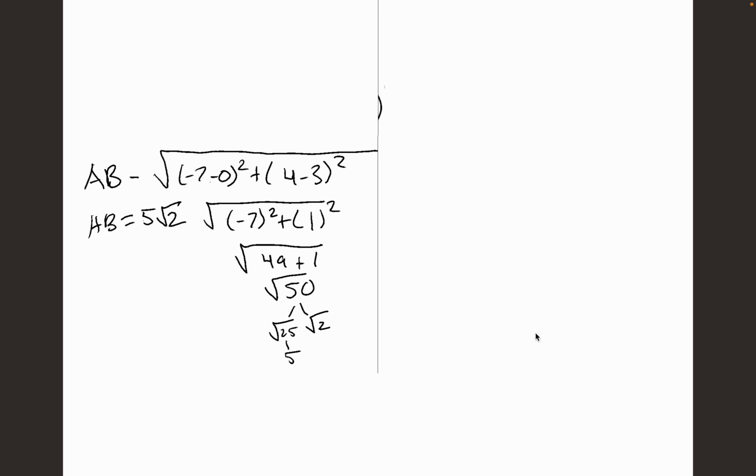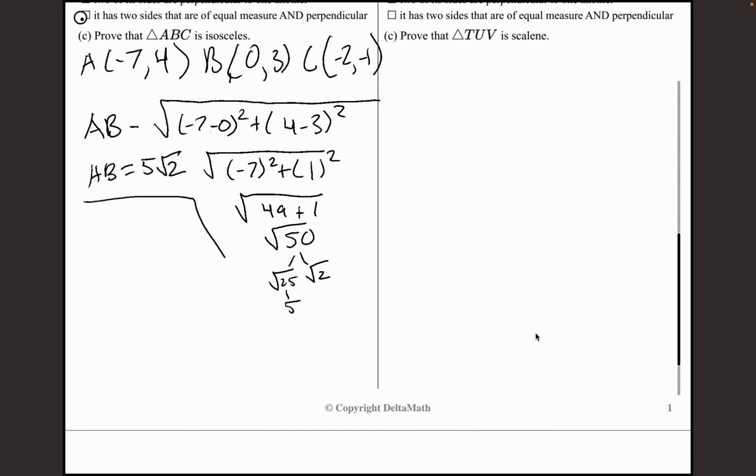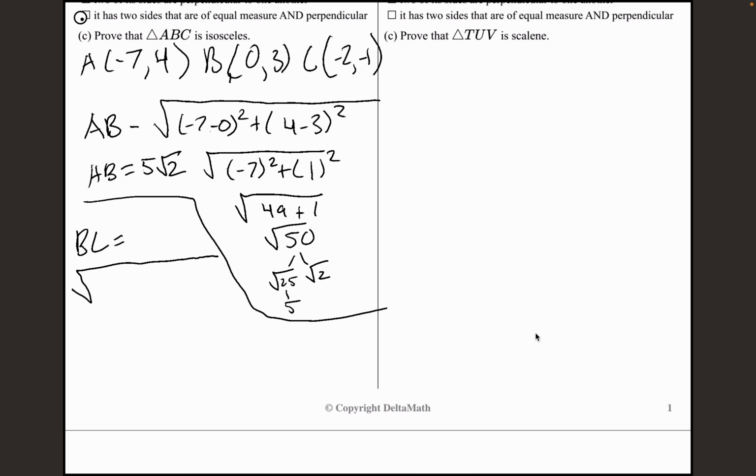Let's do BC. How can I put it into the equation for BC? Oops, I don't know why I put a comma.